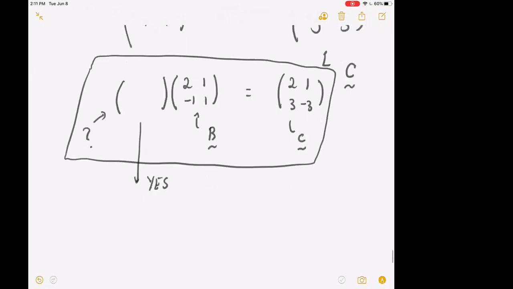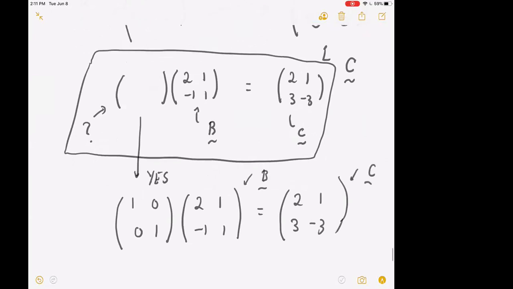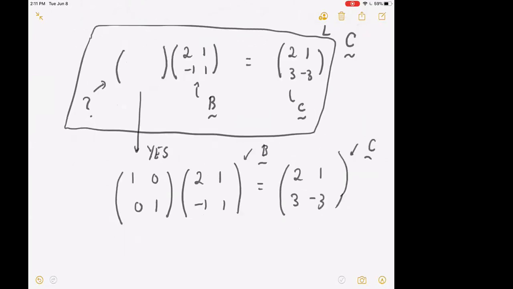What you need to do, as a hint, is start out with the identity matrix of order 2. So we just write this down. Matrix multiplication is compatible for all these cases. But this is a matrix B and this is a matrix C. Now, if you do the matrix multiplication, this is not correct. Doing this is not going to give you this. But this is a start.